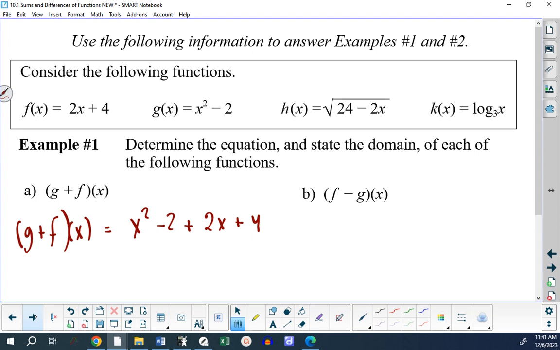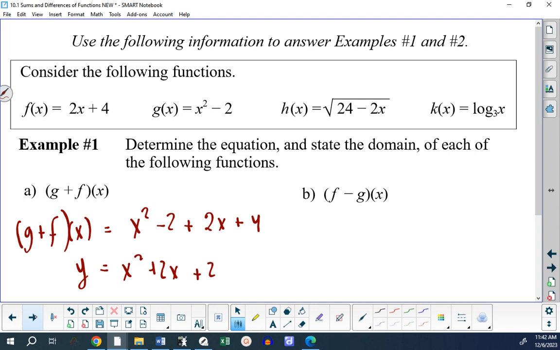There's nothing to do here. You're adding the functions together, and you're getting x squared plus 2x plus 2. This is the new function. You can call it h of x. Better not call it h of x. You can just call it y if you like.